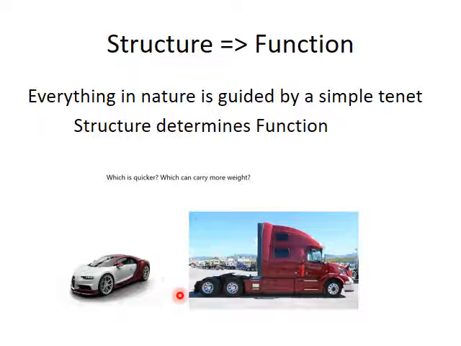If you see these two cars here, you've got your Bugatti and you've got your semi. Which one is quicker? You don't really have to think about it. You can see that this one is littler, and you could probably think that it moves faster, and if you know anything about it, you know that it can move fast. This one here can carry more weight, because it's giant and it has a giant place to put a trailer.